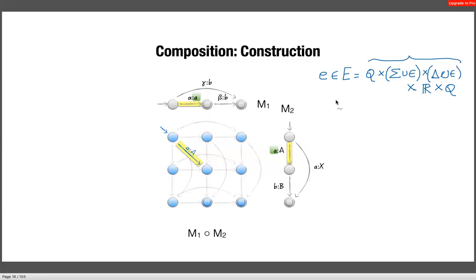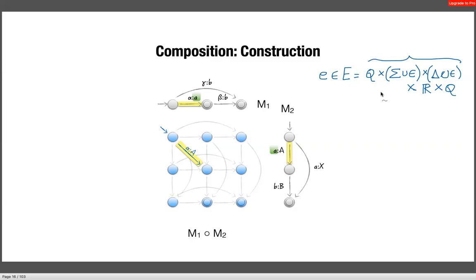For now, let me assume that all the input and output symbols in my machines M1 and M2 are non-epsilon symbols. We'll come to epsilon symbols in just a bit. Let's start with the simpler setting where we're only dealing with non-epsilon symbols.